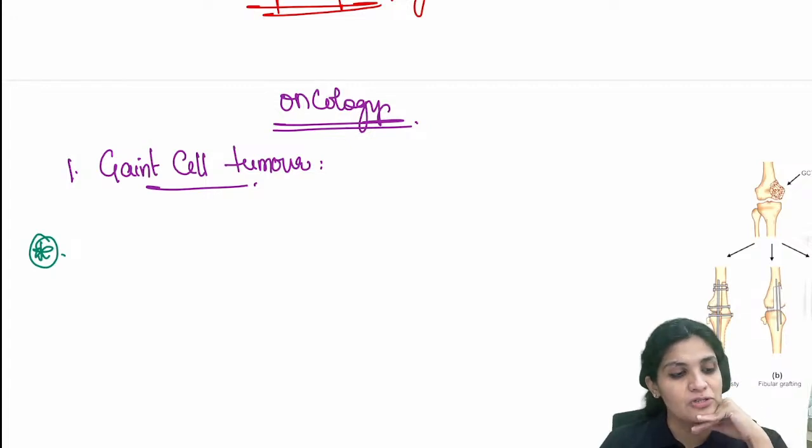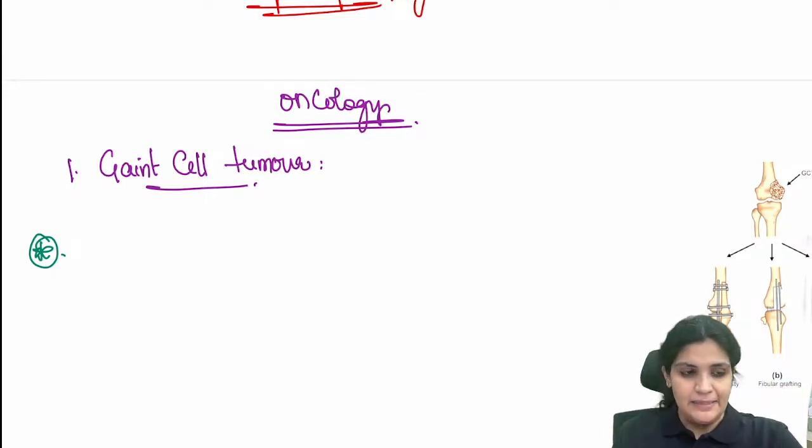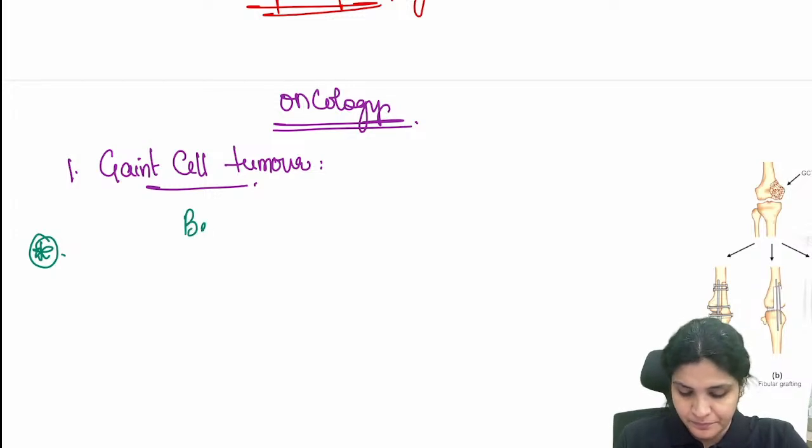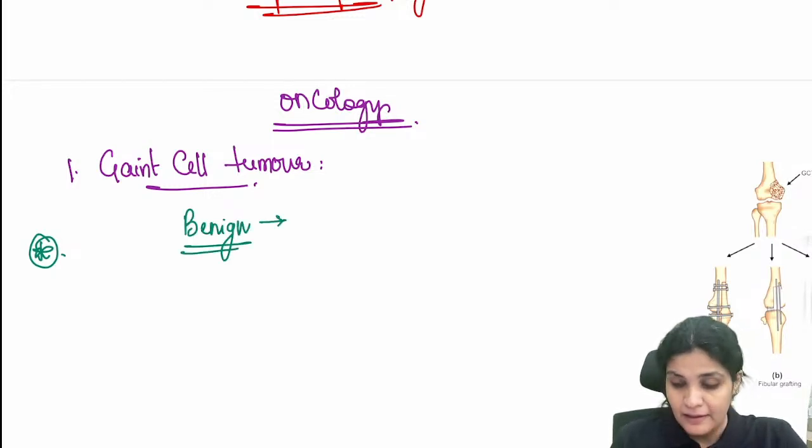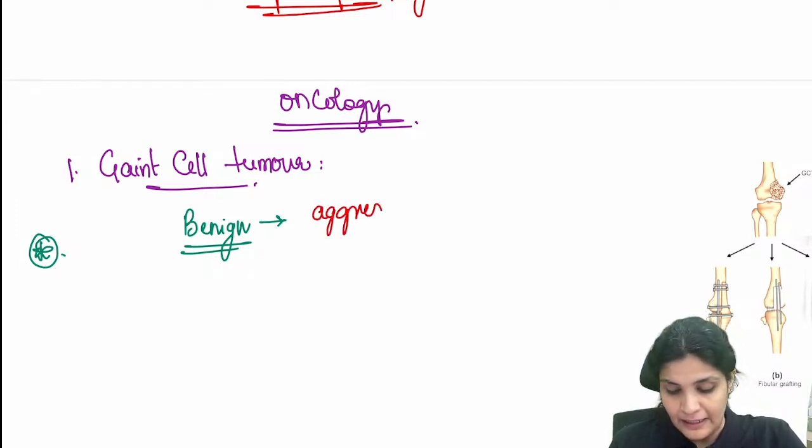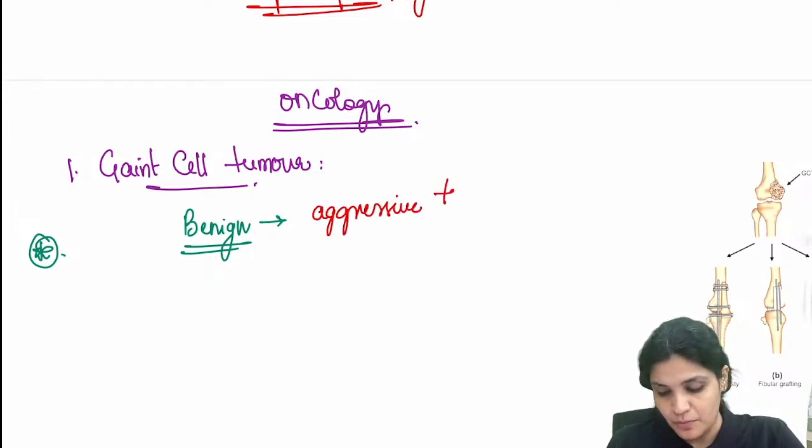GCT is also called osteoclastoma. Is it benign or malignant? Yes, it is a benign tumor, but it is a separate entity which is called benign aggressive. What do I mean by aggressive tumor?